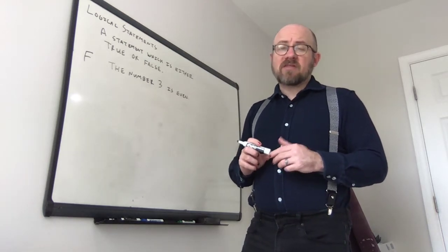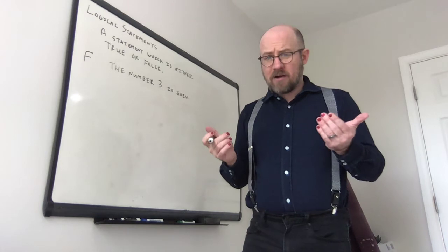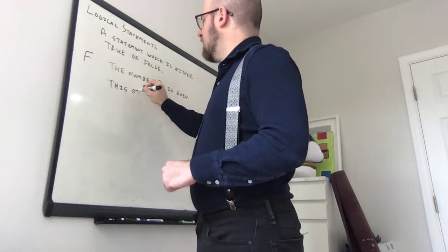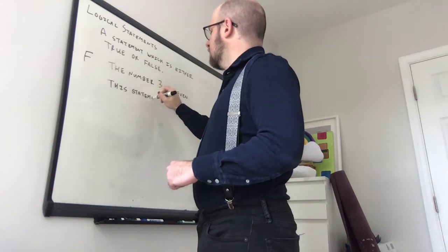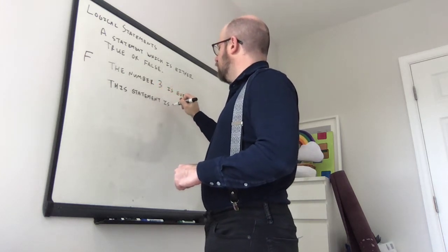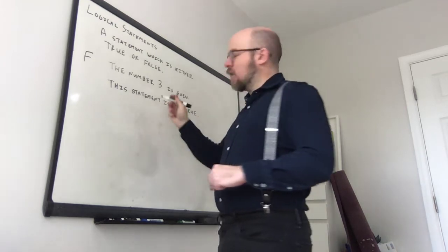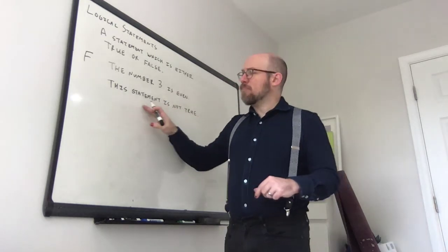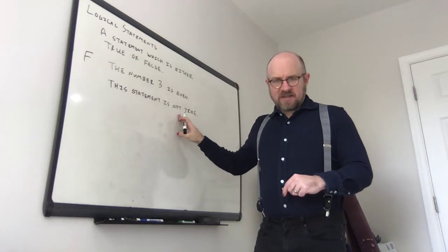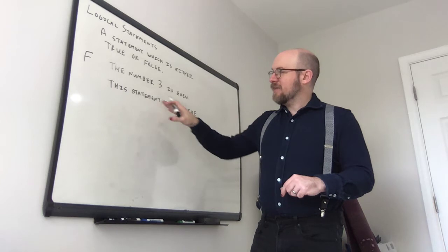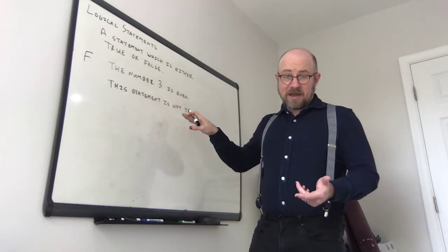Another example that's not a logical statement is what's called a paradox. So if I wrote up this statement, "This statement is not true," this is called a paradox, and it's a problem because if you think about it for a second, if this statement is true, well, then the statement refers to itself as being not true.